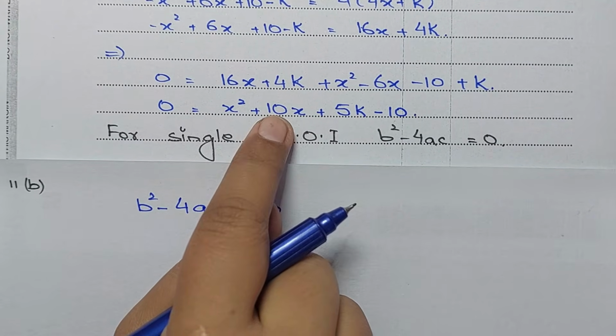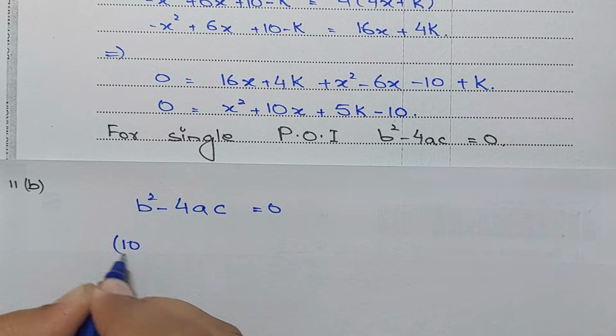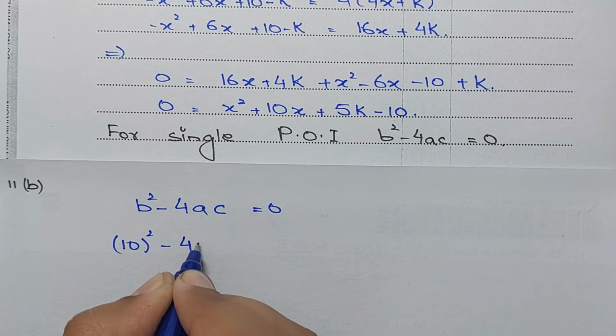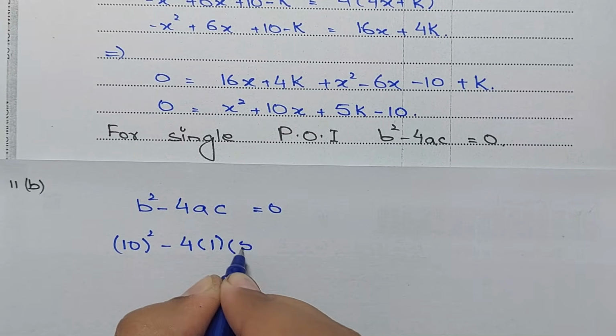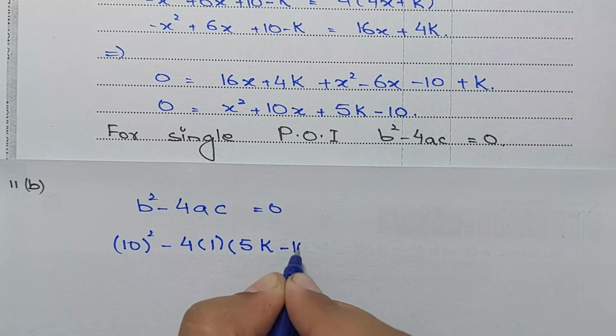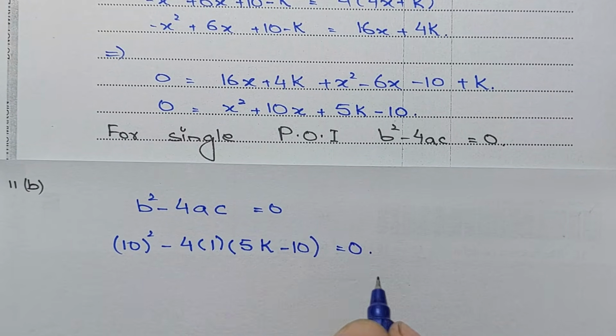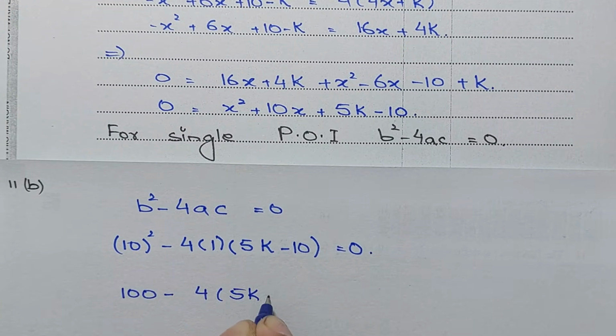So b is the coefficient of x, which is 10, its square, minus 4, a is the coefficient of x square, which is 1, and c is the constant term 5k minus 10, equals 0. Okay, now 10 square is 100 minus 4 into 5k minus 10, this is equal to 0.